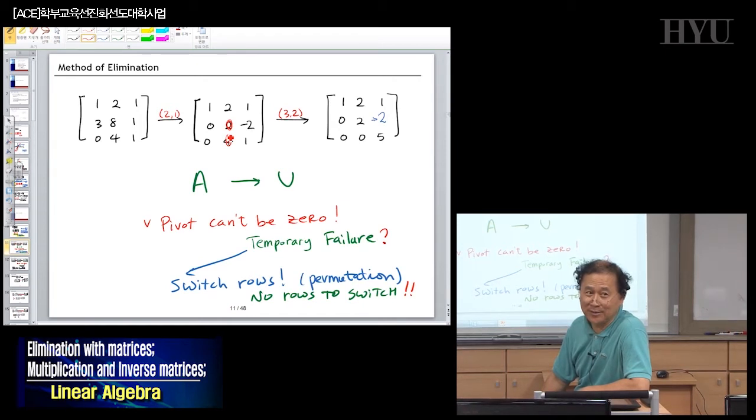It means you may not have any unique solution. You may have infinitely many solutions or no solution, depending on the B vectors.